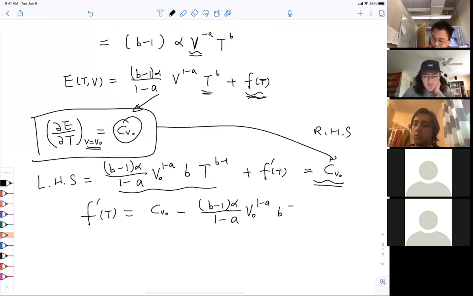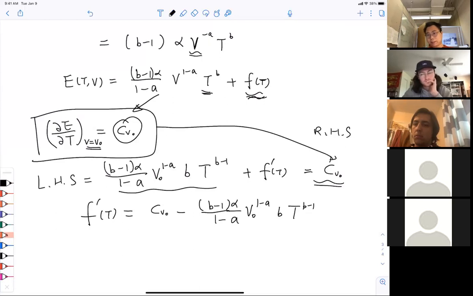So I have a question about the heat capacity at this specific volume. We're still able to get an expression for E at any volume, only given the specific heat at one specific constant volume. Okay. Yeah, in general, this C V is also volume dependent, right?